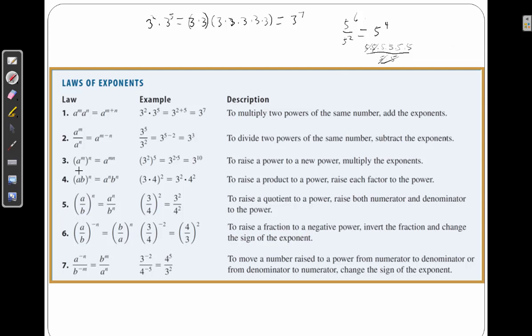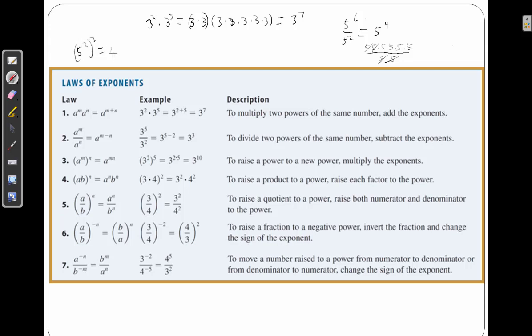Moving on to Law 3. On Law 3, we have an exponential expression, a to the m, raised to another power. When you have an exponential expression raised to another power, you just multiply the exponents. That's fairly easy to see why as well, just by Law 1. Because let's take a simple example. 5 to the 2 to the 3.